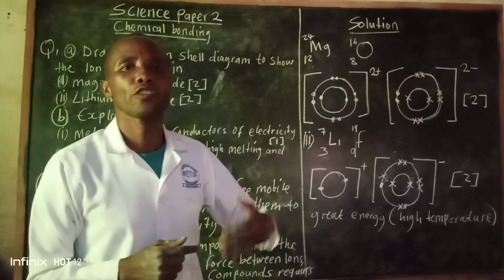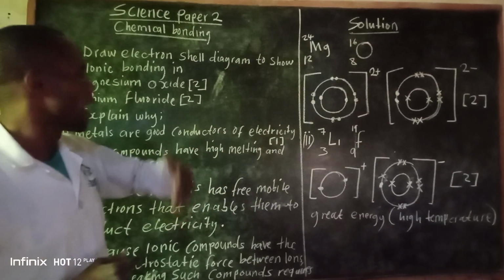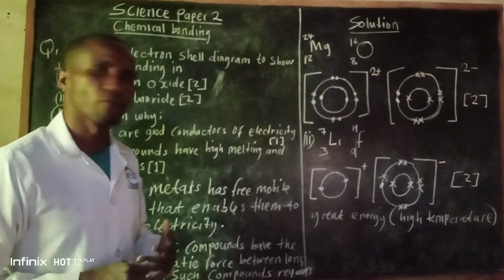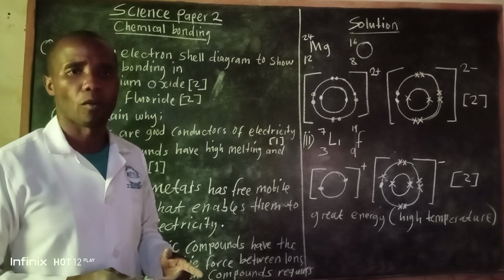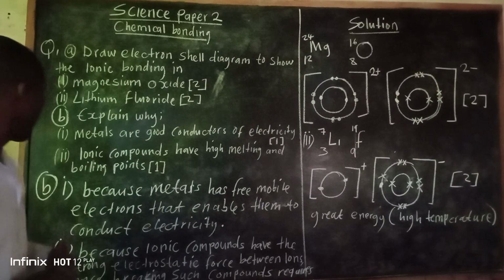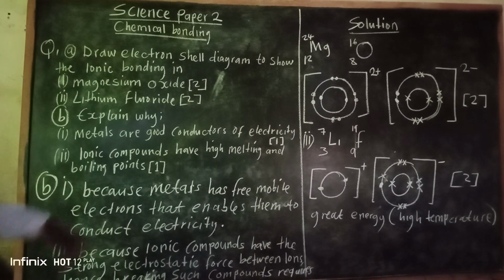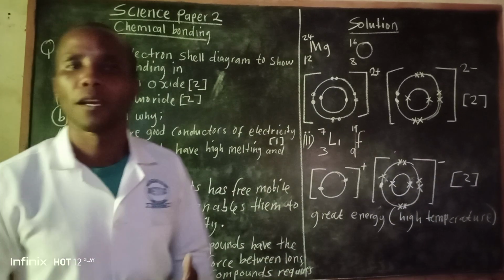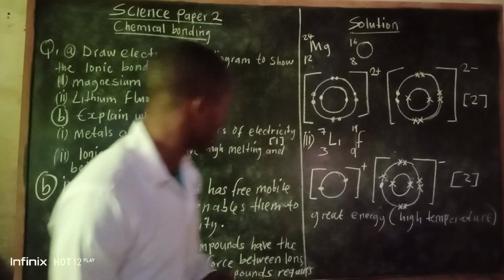It means there should be a high temperature, high boiling point and high melting point for it to be broken. So that is the reason why ionic bonds have high melting and boiling points.